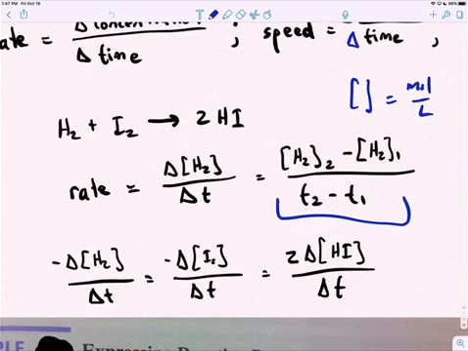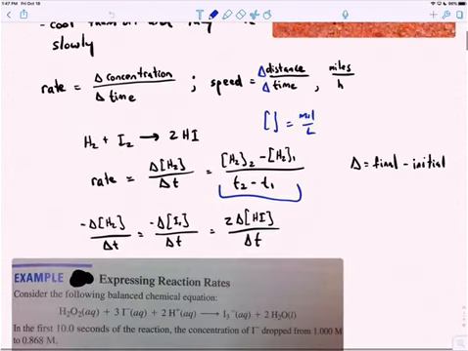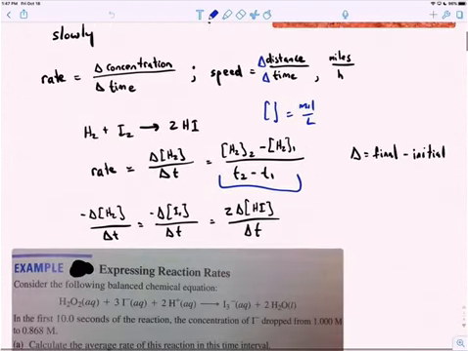You can look at that as the hydrogen concentration at time 2 minus the hydrogen concentration at time 1, divided by the difference in the time. If you carry that on to infinity, that is one of the definitions of a derivative. And change is always final minus initial whenever you see that.